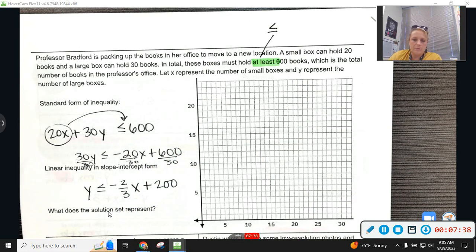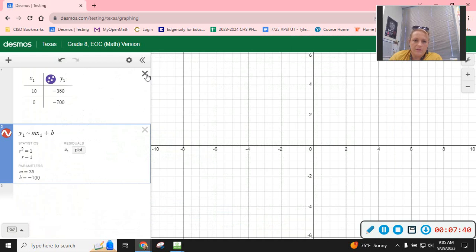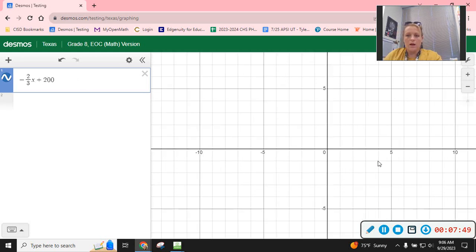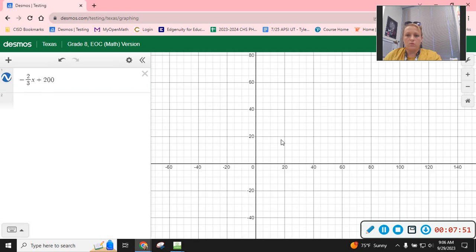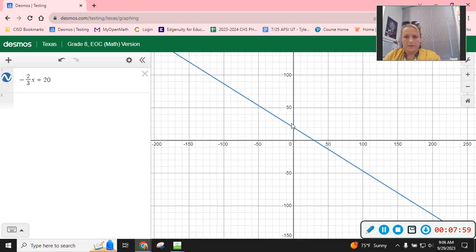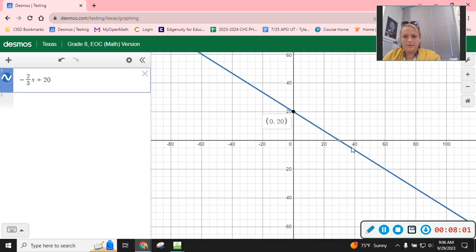And when I go to Desmos, I can use Desmos to graph this. However, it doesn't shade it for me, so remember I could only do that second part. And so then when I zoom out, I have this here. I put too many zeros, sorry. So my y-intercept is 20 and my x-intercept is 30.